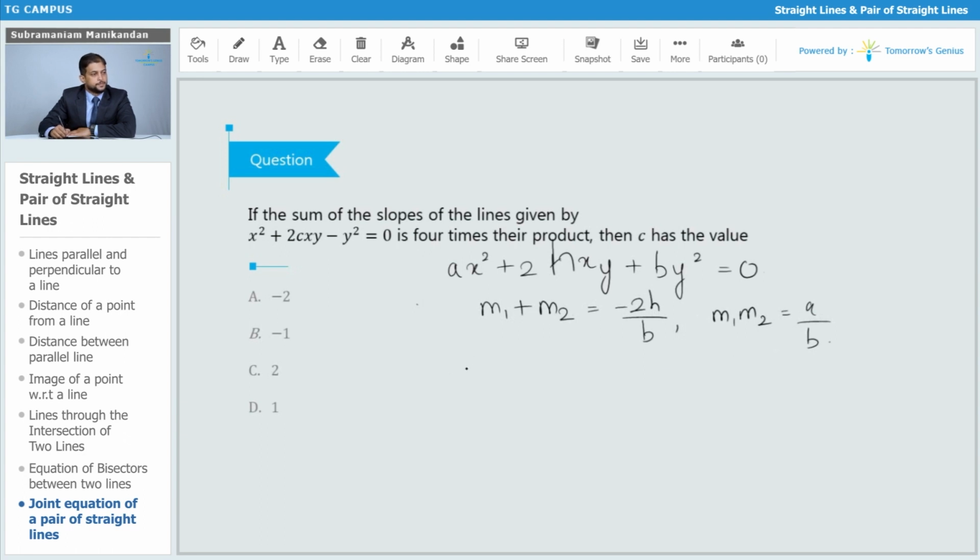Our equation here is x square plus 2cxy minus y square equals 0.